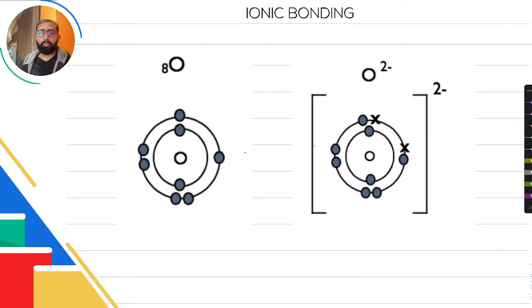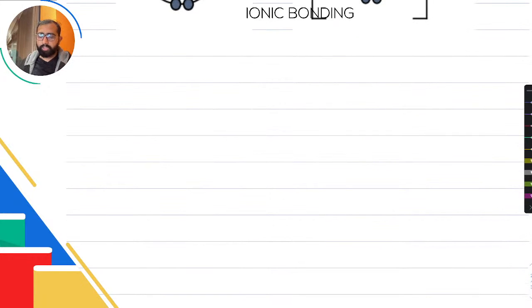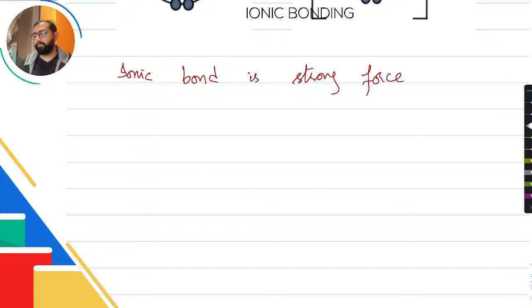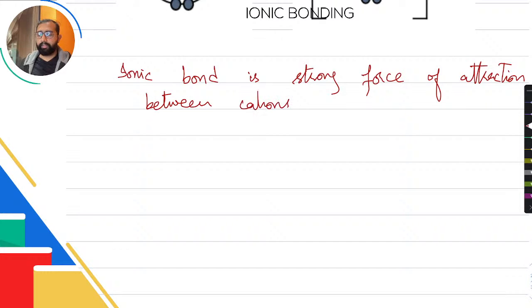So how does the structure work? Basically, obviously, as you know, positive and negative attract. So the positive thing is the cation, the negative thing is the anion. So what is an ionic bond? Ionic bond is a strong force of attraction between cations and anions.